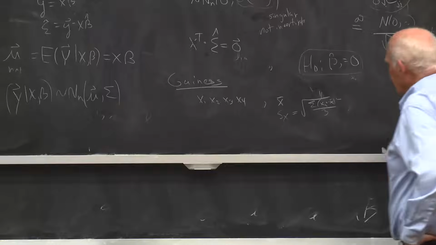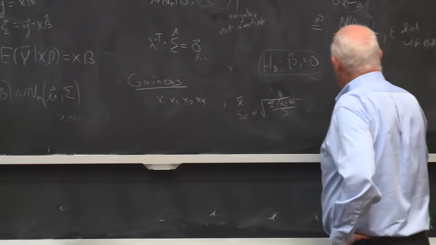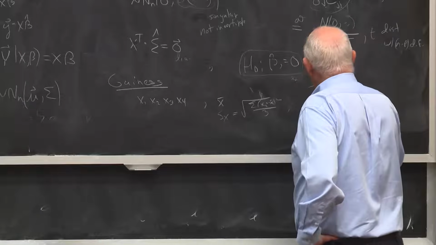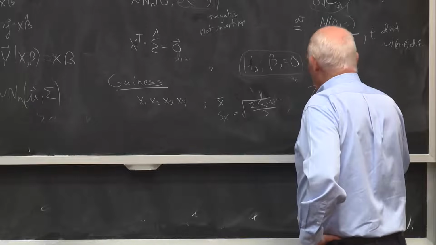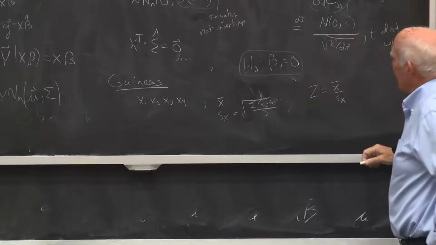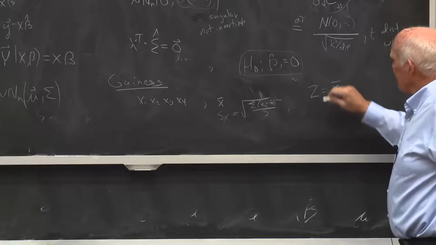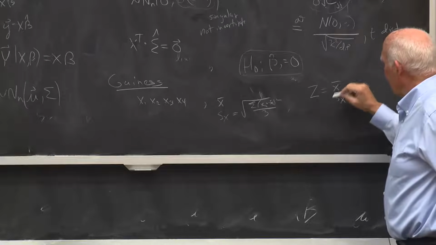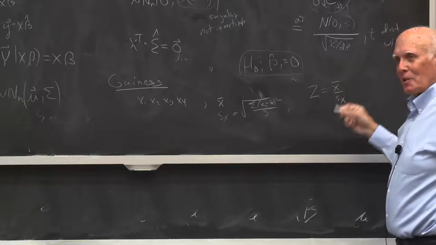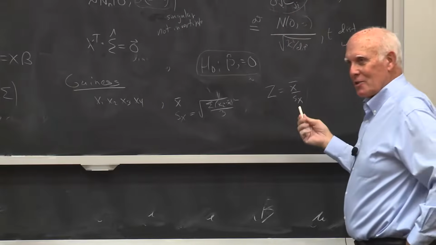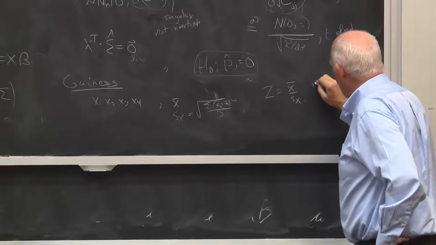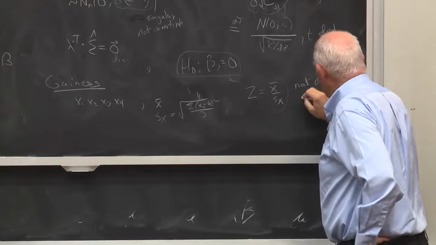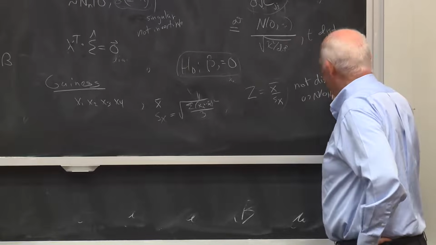And what he discovered was that if we look at z equal to x bar over s_x, these outcomes of the sample means, which suitably rescaled should follow a normal distribution because we're looking at a z-score, this was not distributed as a normal 0, 1.